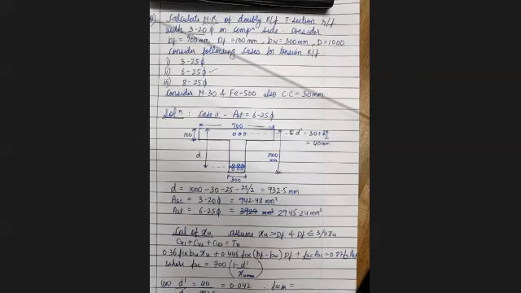Grade is Fe 500. For Fe 500, 0.04. What is the value of fsc for Fe 500 grade for 0.043? I hope everyone has the table with them, and this table will also be provided to you in the examination. Don't worry. Why is it taking so much time to just give me the value of fsc from the table?